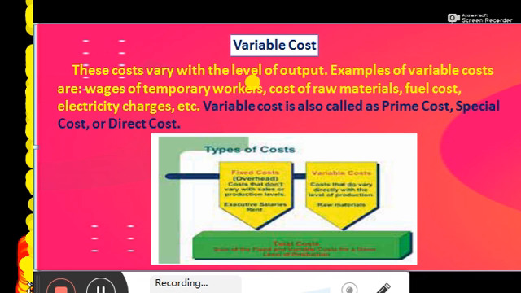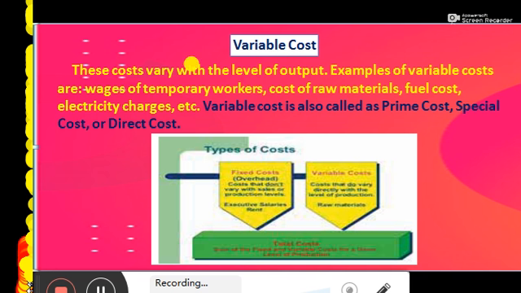There is a close relationship between variable cost and the level of output. Variable cost increases with the level of output.